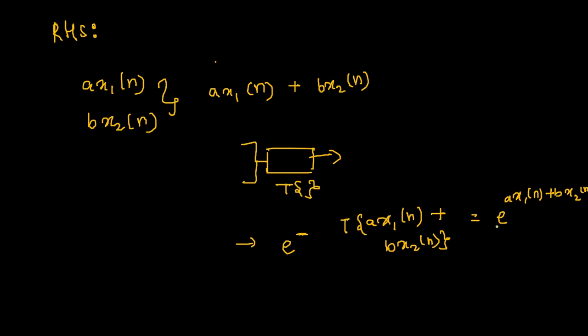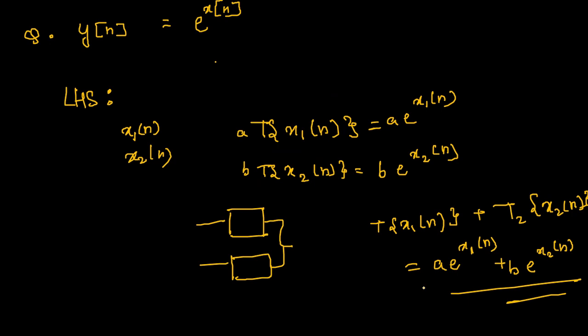So you know that e to the power a plus b can be written as e to the power a into e to the power b. So this is the RHS, and this is the LHS. Like you can see in LHS, it's A into e to the power x1 of n plus B into e to the power x2 of n.